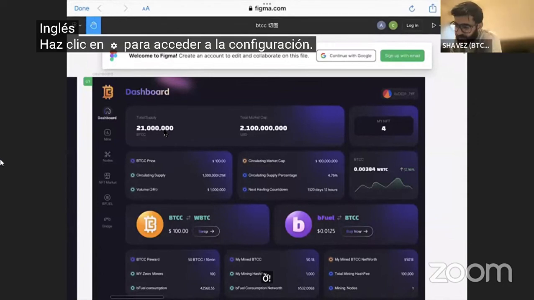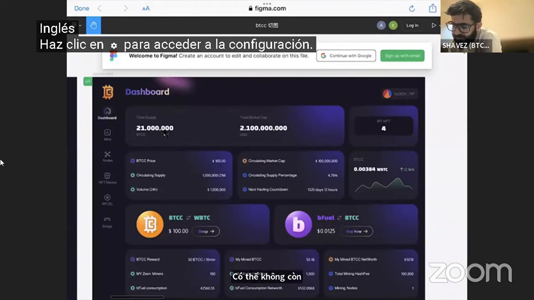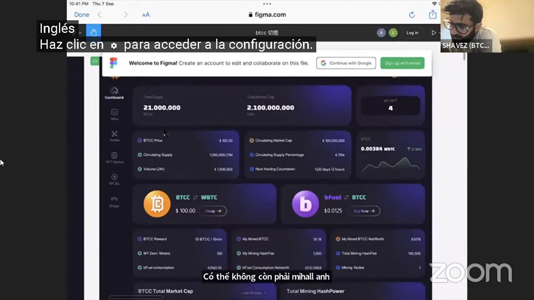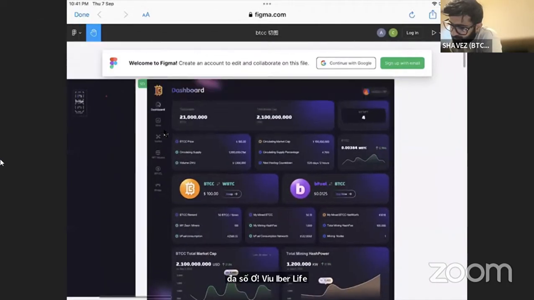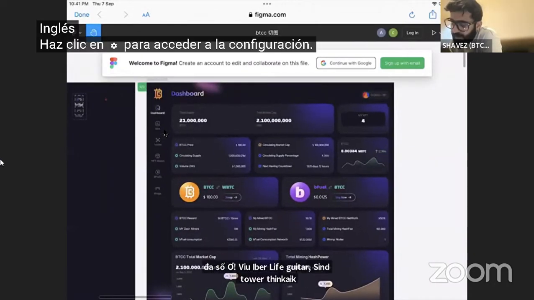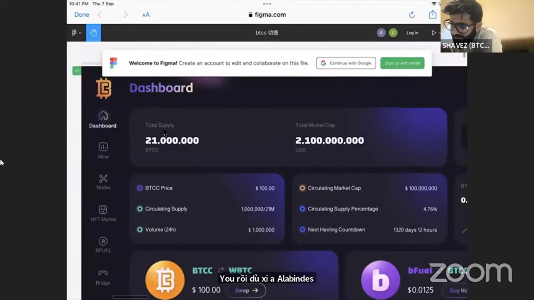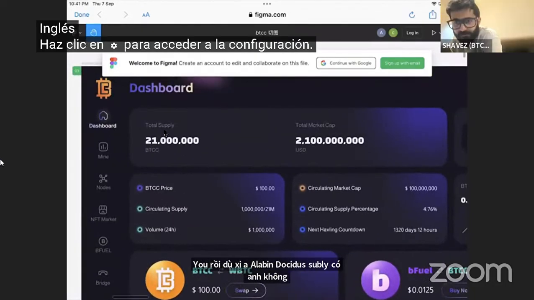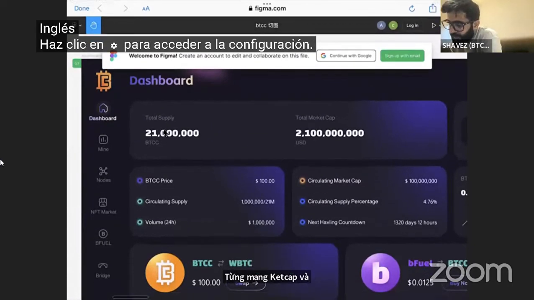Okay, perfect. So we all understand the dashboard view. I believe I have gone over it 2 or 3 times, so I'll repeat it. You see the total supply of BTCC and the total market cap according to the price. If the price is $100, then it is 2.1 billion.